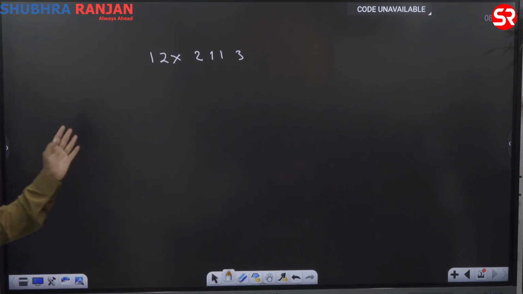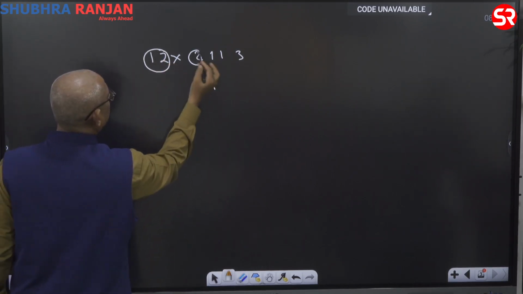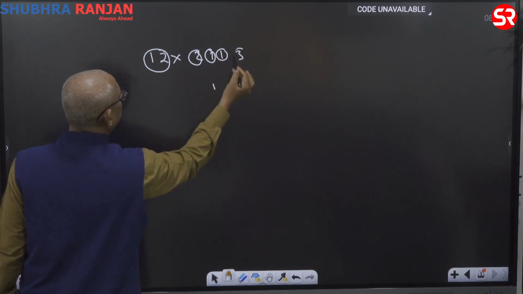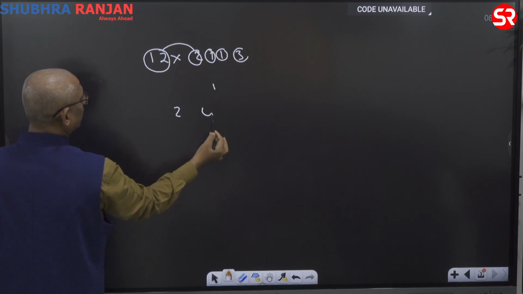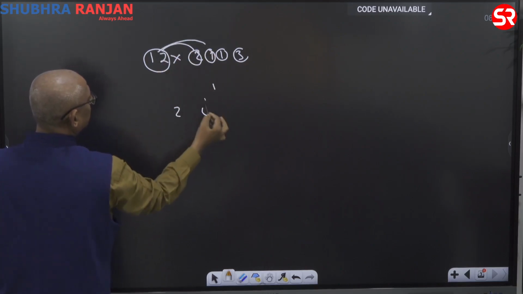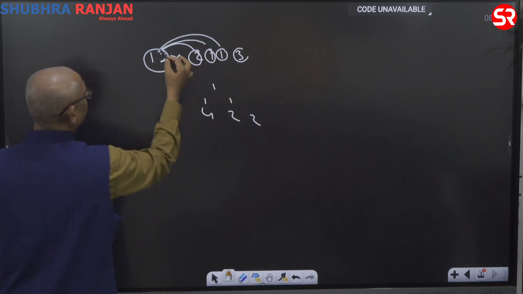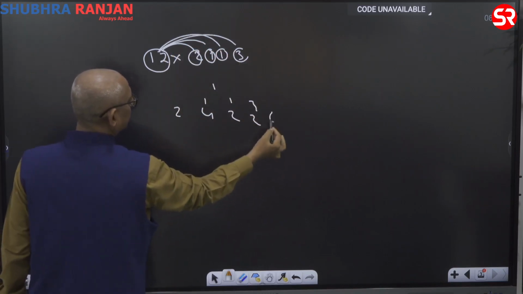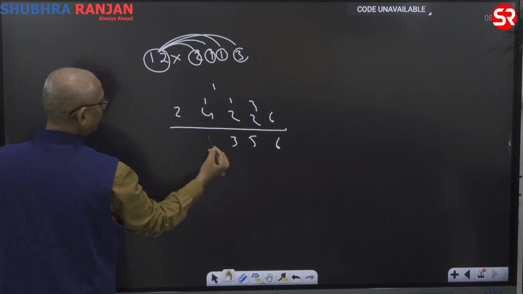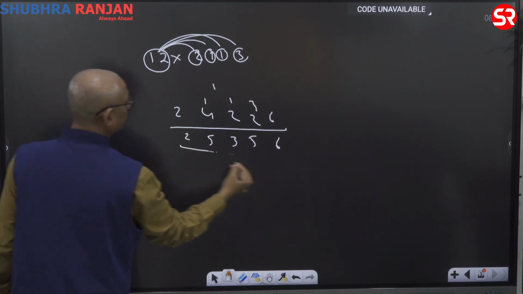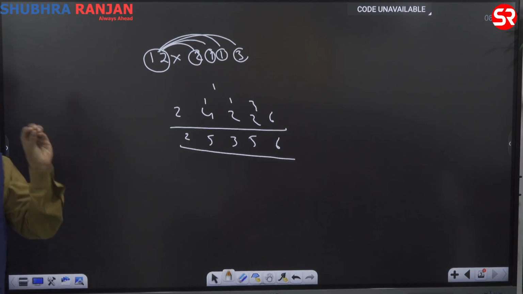We take all single digits and apply the flow method. 12 twos 24, 12 ones 12, 12 ones 12, and 12 threes 36. So the answer is 25356. Is it okay with everyone?